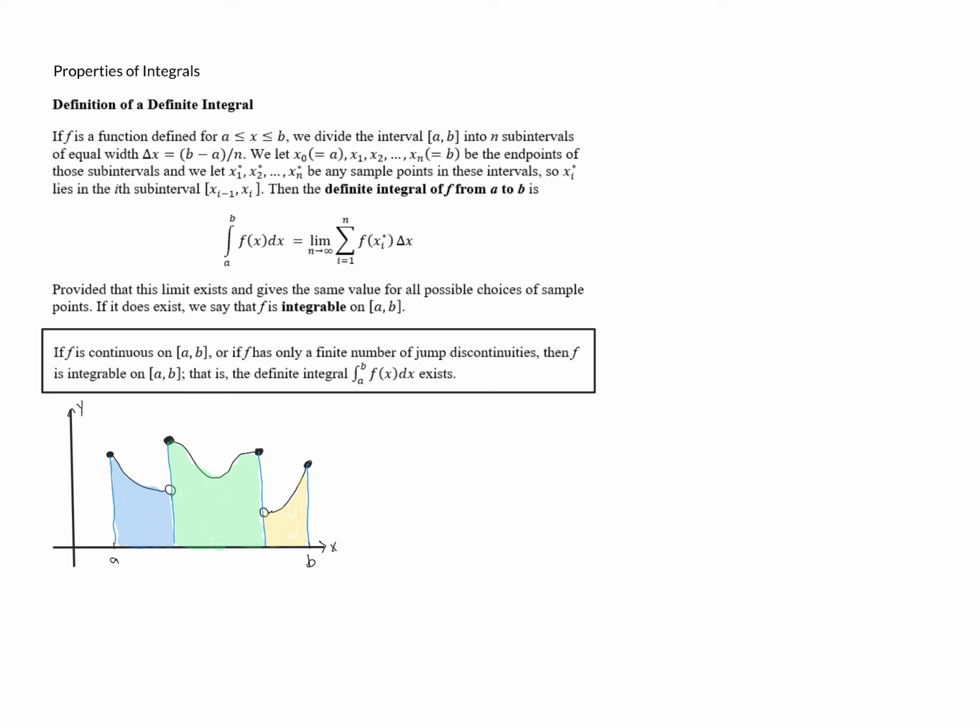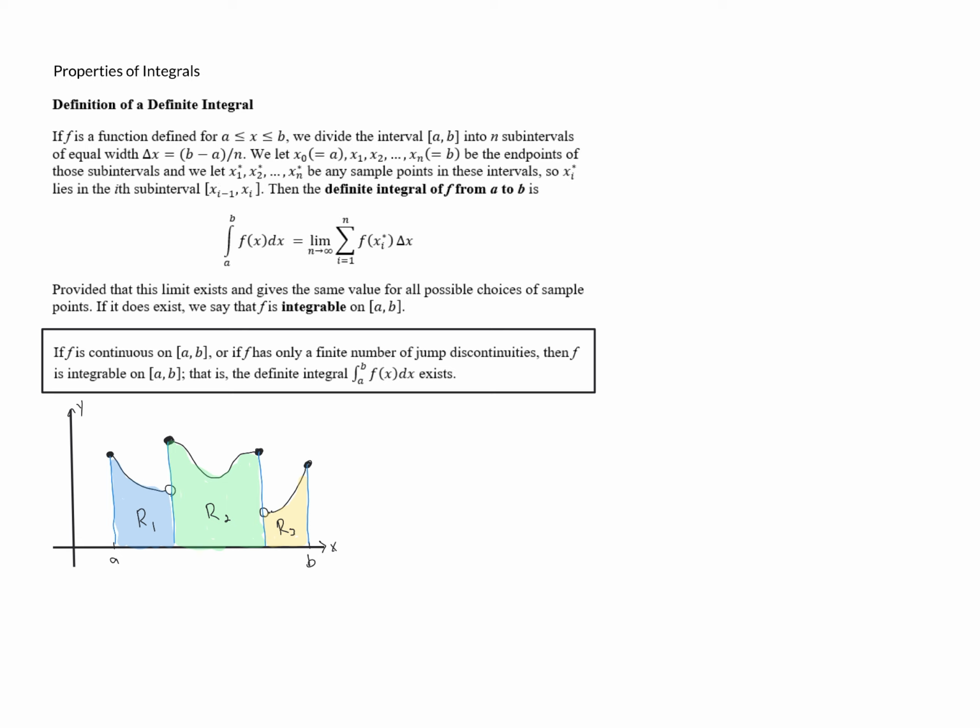But so basically, if there's a finite number of jump discontinuities, we can separate our region into a finite number of subregions. We could call them R1, R2, and R3 in this case. And basically what we could do, instead of calculating the whole integral from a to b, we could separate it up into 3 smaller integrals here.